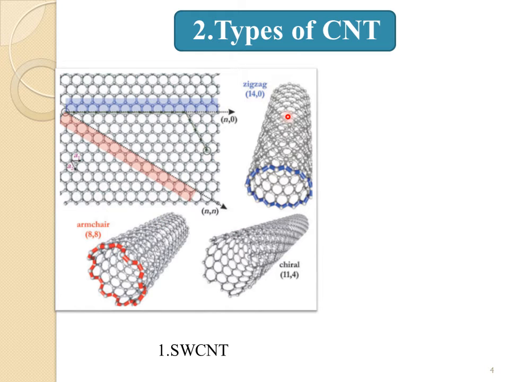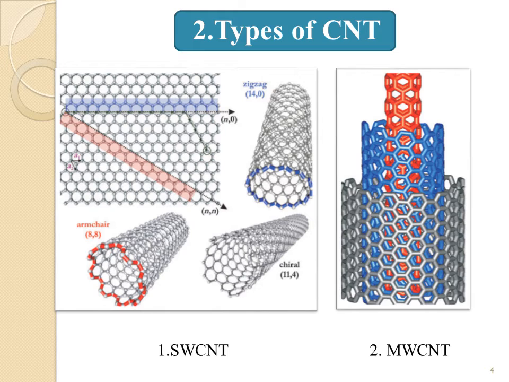These all three are nothing but carbon nanotubes, and this is known as a single-walled carbon nanotube, famously known as CNT. But can we have multi-walled carbon nanotubes? Yes, of course we have multi-walled carbon nanotubes. If such carbon nanotubes are stacked with each other, then we form a multi-walled carbon nanotube.